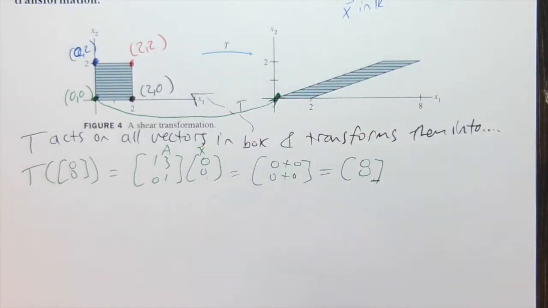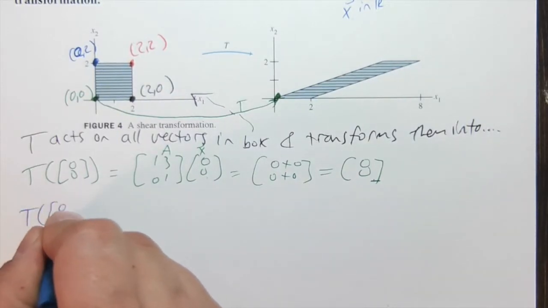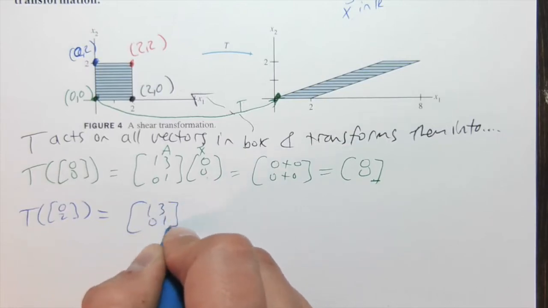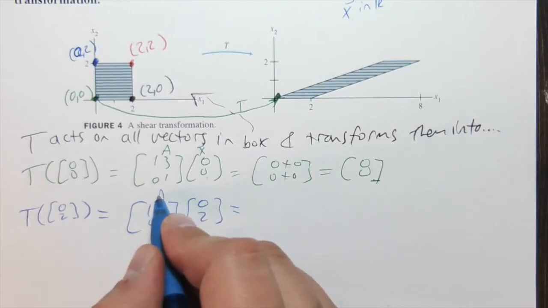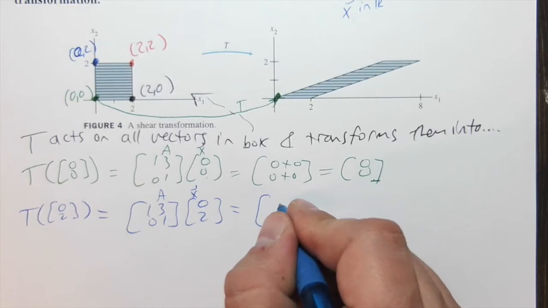All right, let's act on this corner right here, 0, 2. So we multiply by matrix A. Right, we're just doing A times X again, where we have a new X. And we do linear combinations of the columns.